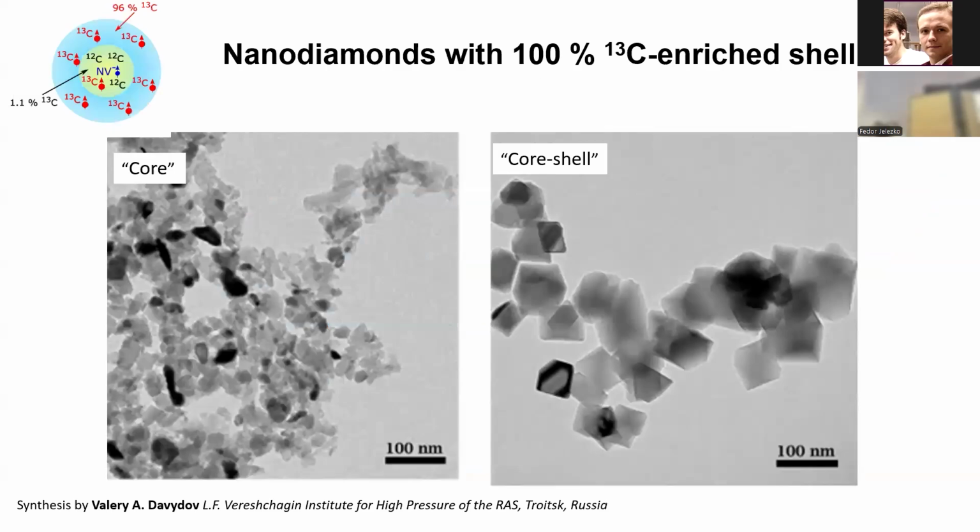And so first steps towards this core shell synthesis have been demonstrated by Valery Davydov from the Institute for High Pressure Physics of the Russian Academy of Sciences in Moscow. So here you see the core, very small particles that have been placed in an HPHT chamber and overgrown with carbon-13.